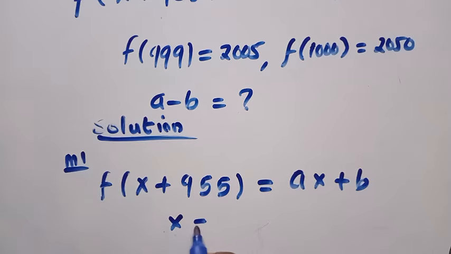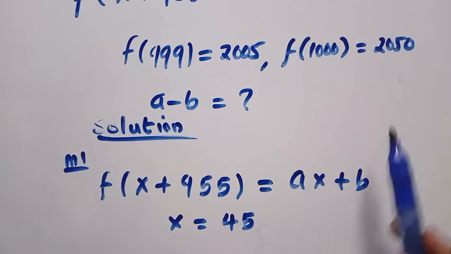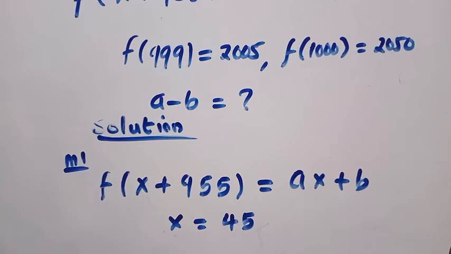Suppose I let x equals 45. If I let x equals 45, I want to get f of 1000, because when we add 45 with 955, we are getting 1000.